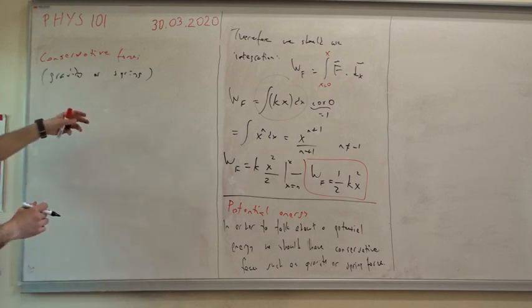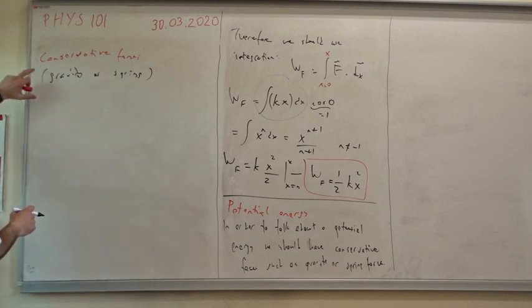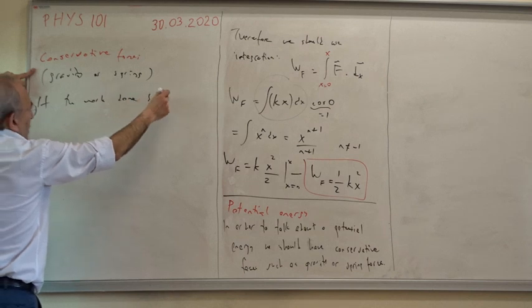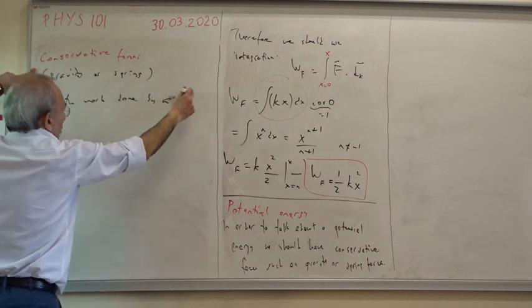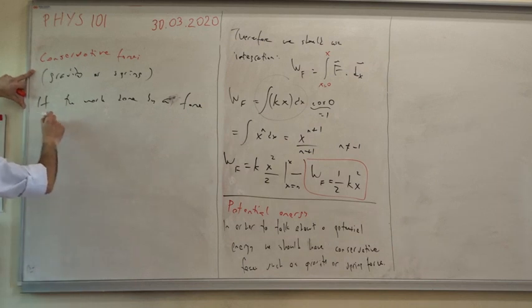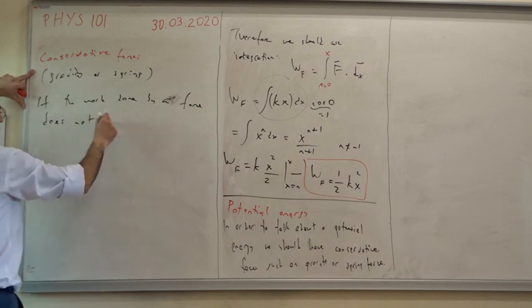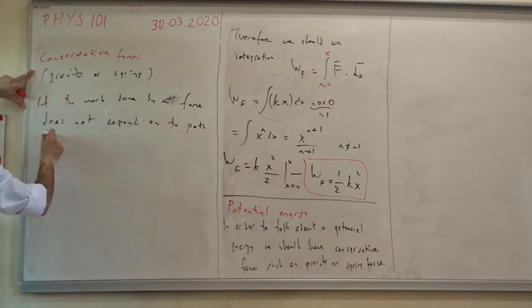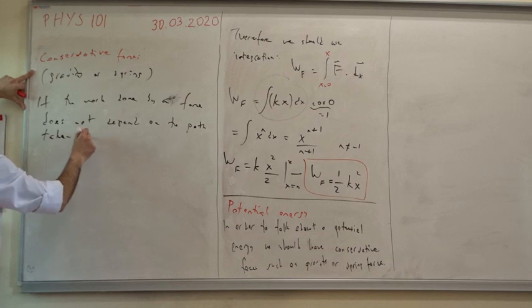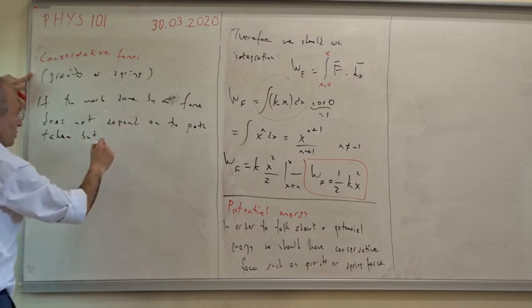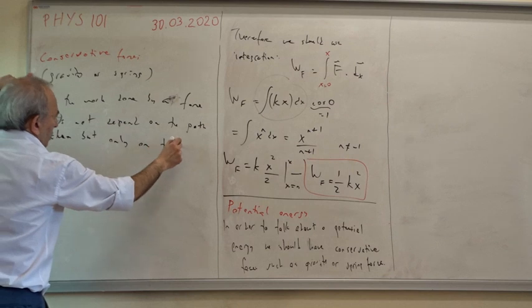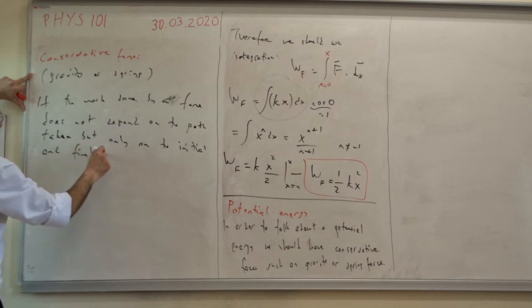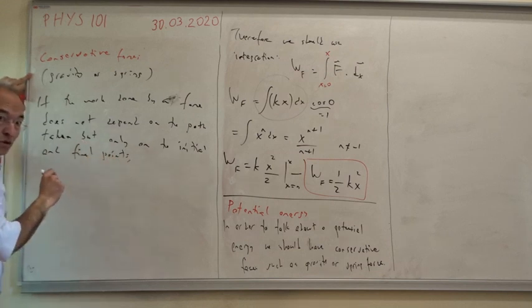How do we differentiate these two types? If the work done by a force does not depend on the path taken, but only on the initial and final points, that is a conservative force.